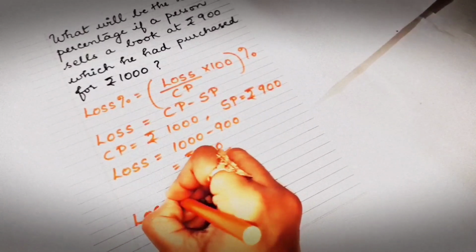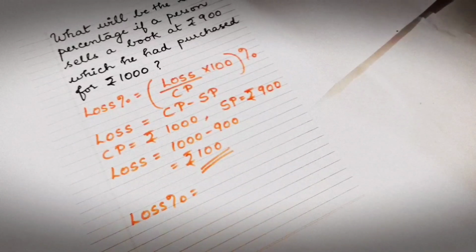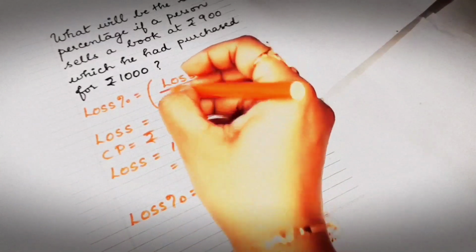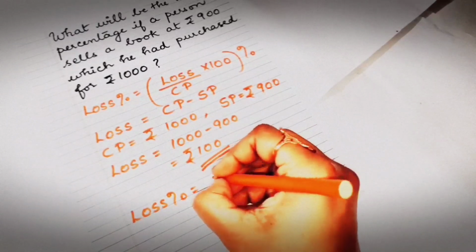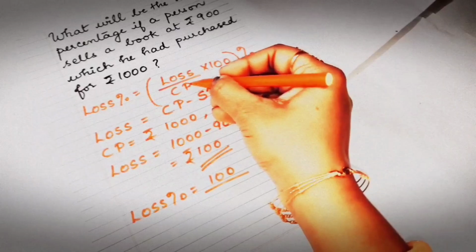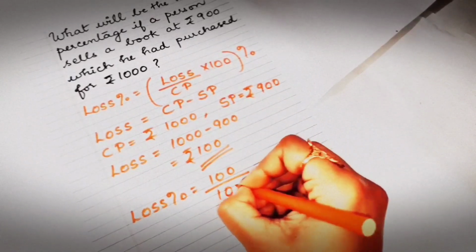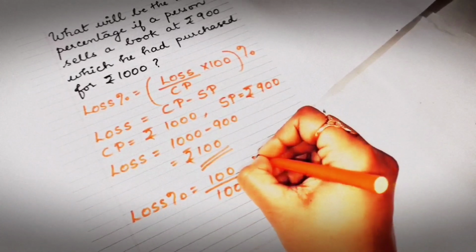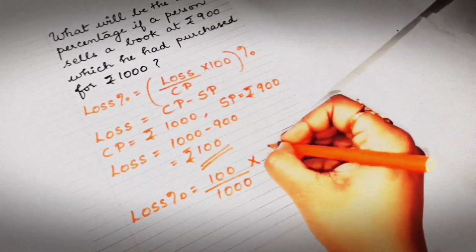Now let us calculate the loss percentage. So let us substitute the values that we have obtained. So loss is 100, hence we have 100 divided by the CP. CP is 1000 multiplied by 100.